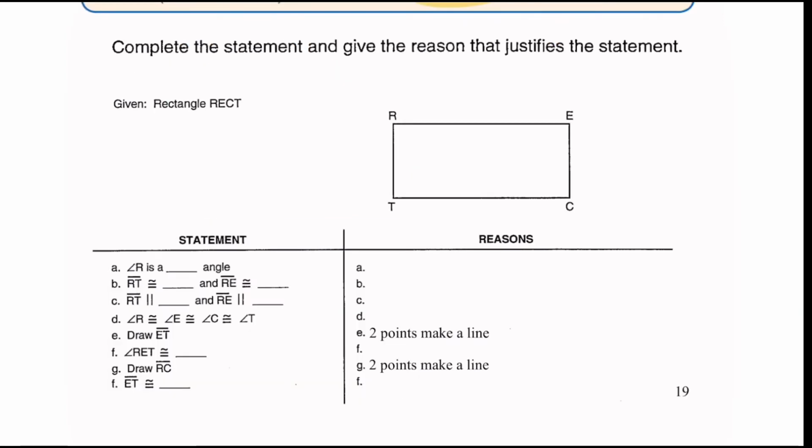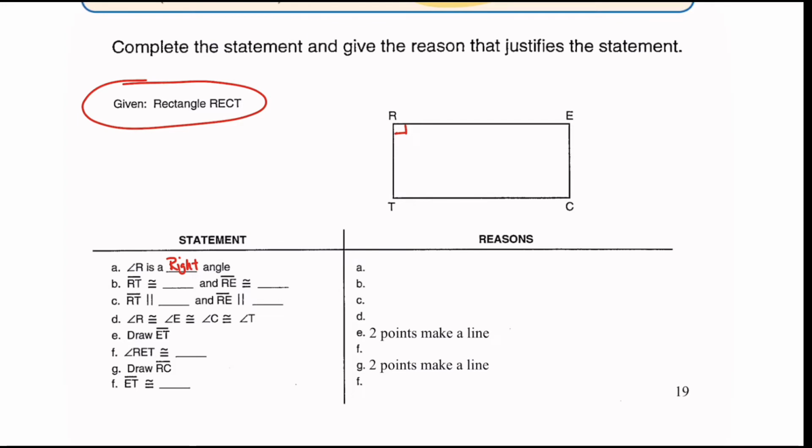So here we're told that it is a rectangle. And again, like in an earlier example, we are just going to go through some of the properties here. So R is a right angle, given the fact that this is a rectangle. A rectangle is a quadrilateral that is a parallelogram with 4 congruent angles.